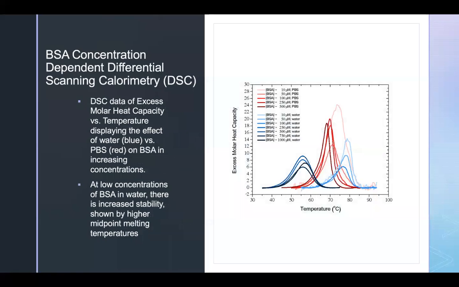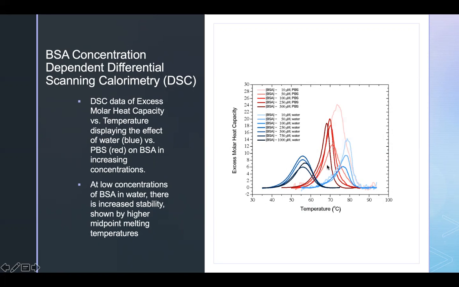Our DSC was one of the first things that we looked at. We wanted to see how different concentrations of BSA, in either pure water or standard PBS, phosphate buffered saline, affect the stability of BSA under thermal denaturation. It's been shown that at low concentrations of BSA in pure water we have greater stability, shown by higher midpoint melting temperatures. But at higher concentrations, BSA markedly loses stability.